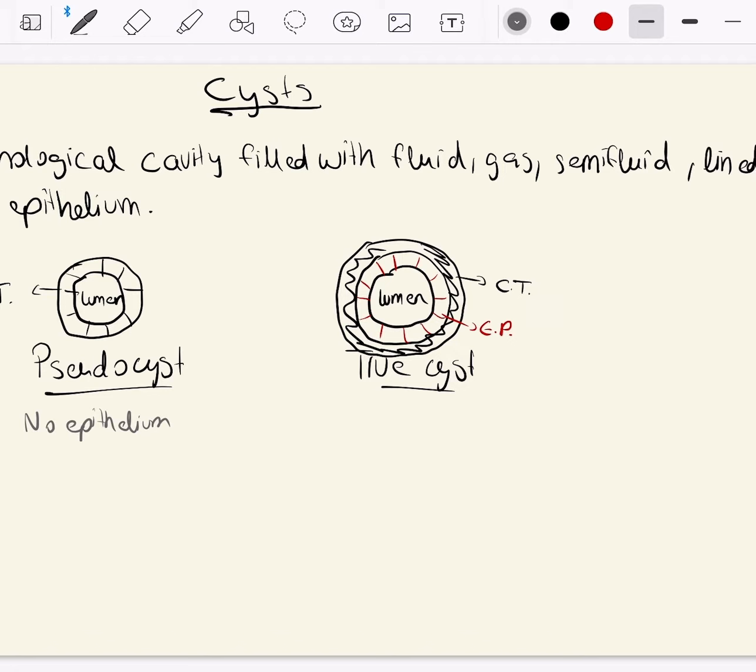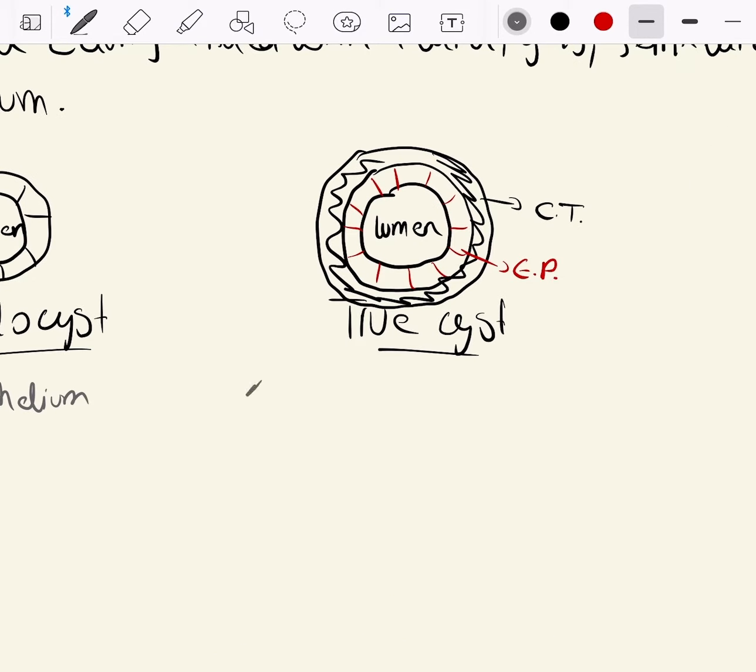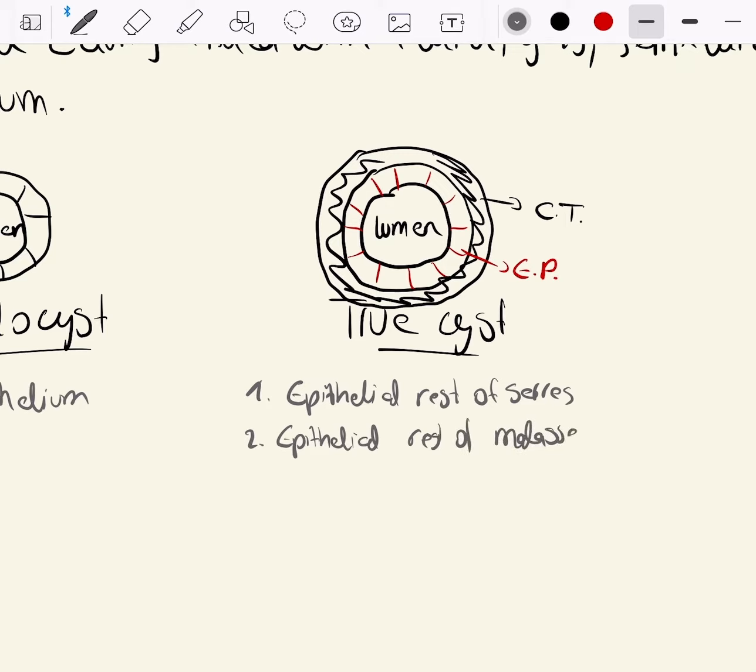So what kind of epithelium do we have? For example, the epithelial rest of Serres, the epithelial rest of Malassez, or it can even come from the tooth germ.